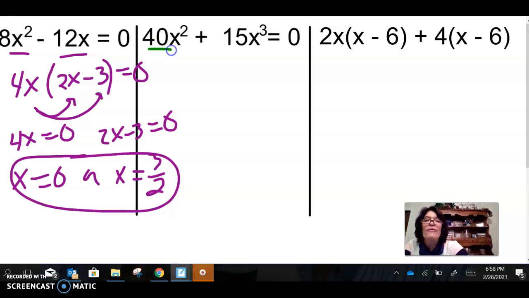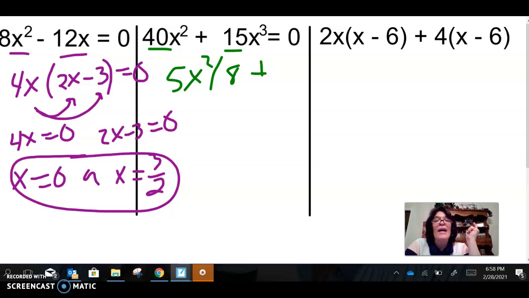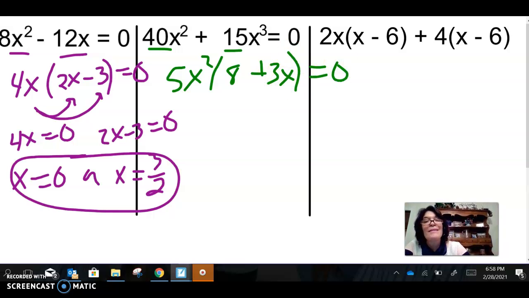Biggest number that goes into 40 and 15 is 5. The smallest exponent between x squared and x cubed is x squared. What I'm left with when I take 5 out of 40 is 8. What I'm left with when I take 5x squared out of 15x cubed is a 3x, right?